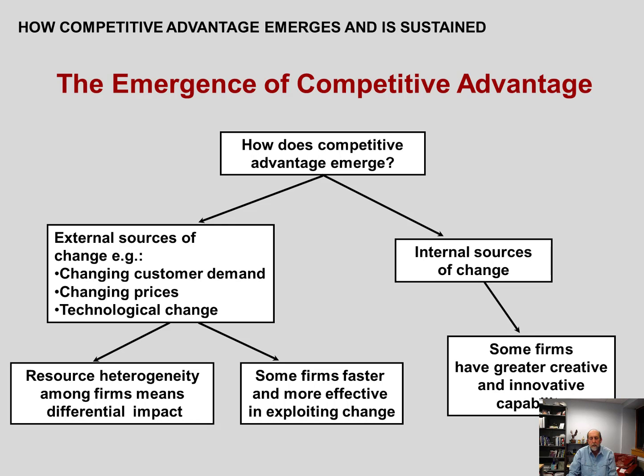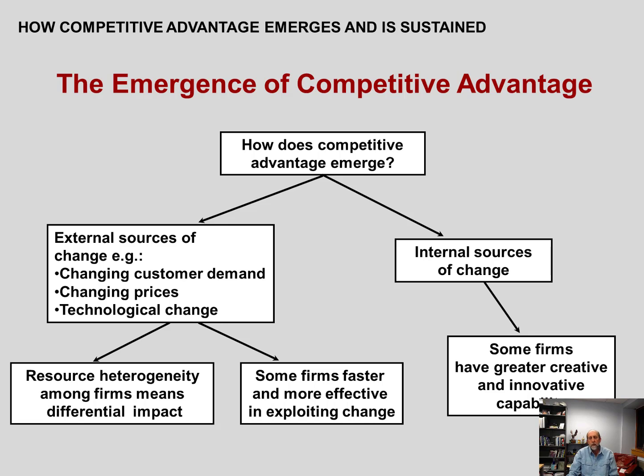And you could look at it diagrammatically this way. This is one that's offered in the chapter. It says that competitive advantage emerges from changes, either external sources, things like changes in customer demand, technology, economic conditions, etc., in which case the advantage comes from how quickly firms can recognize and respond to those changes.